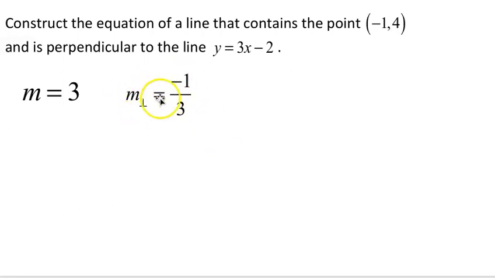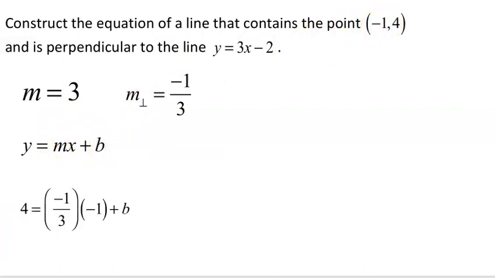So I have the slope of the perpendicular line is negative 1/3, and I have the point negative 1, 4. I want to use those two things to solve for the y-intercept, to solve for b. So we're going to work to solve y equals mx plus b, plug in 4 for y, negative 1/3 for m, negative 1 for x, and solve for b. Now negative 1/3 times negative 1 is just positive 1/3.